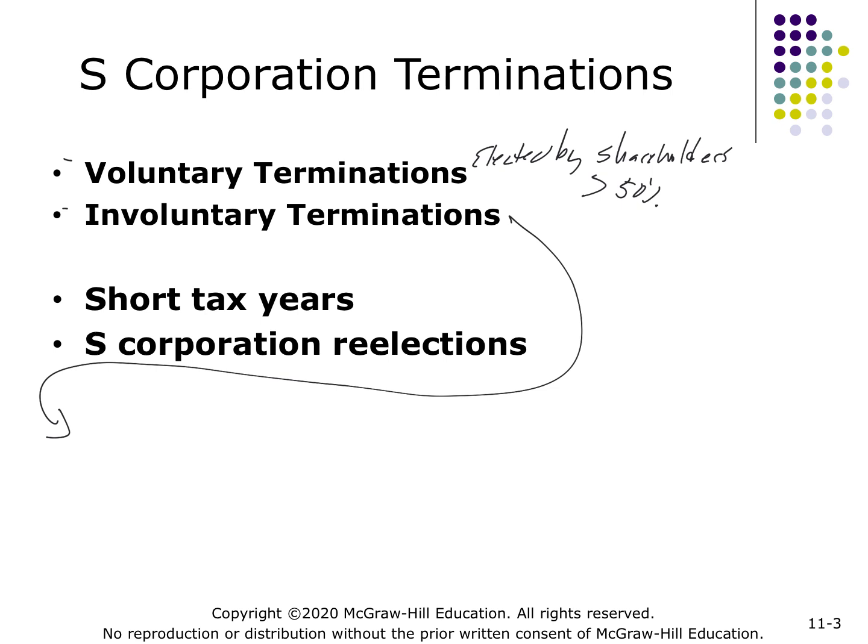So here is how you can fail the requirements. If you have an ineligible shareholder, okay, that's one way to fail the requirements.